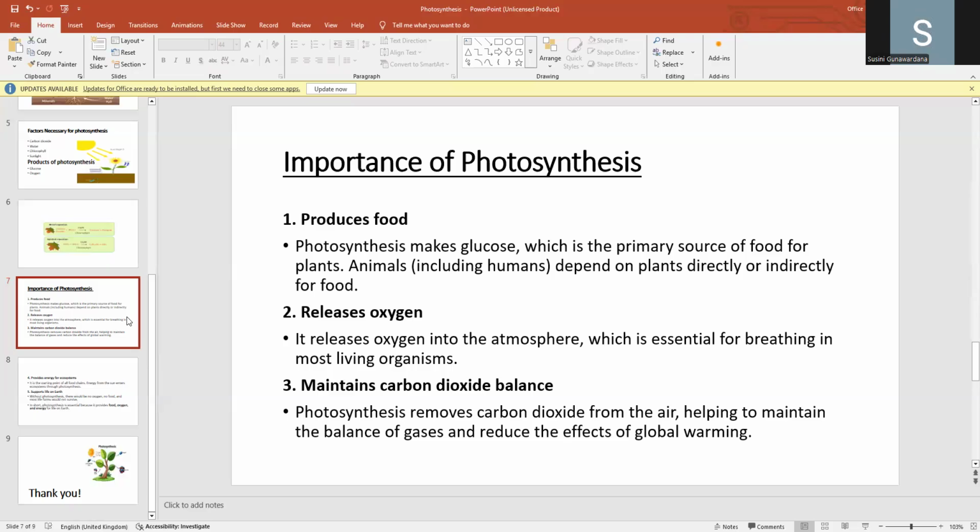Exceeding the limit of carbon dioxide causes different kinds of environmental changes. So photosynthesis is important to maintain the carbon dioxide balance. Photosynthesis removes carbon dioxide from the air, helping to maintain the balance of gases and reduce the effect of global warming.